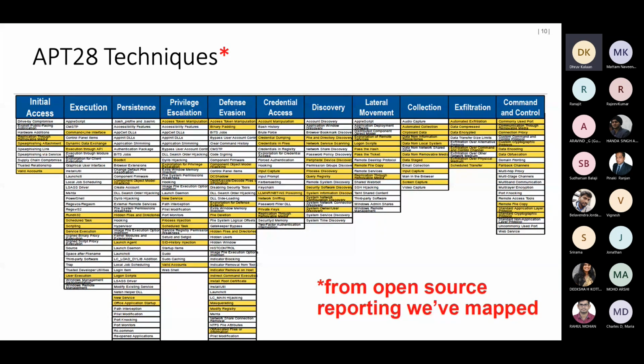From a static SIEM, you will never be able to correlate the kind of attack group or the adversary which is trying to attack you. The good part about this as well is for each stage, we know how we need to mitigate.